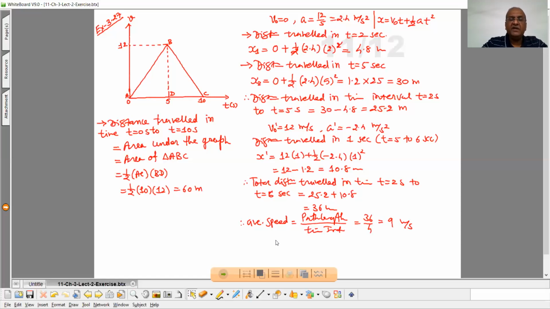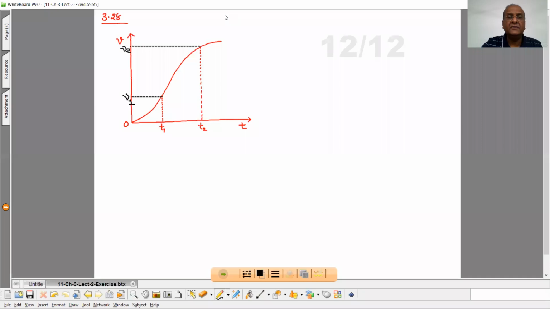So average speed during this motion, that is path length, means total distance traveled upon time interval. So total distance traveled, that is 36 meter. Time interval 2 to 6 seconds, so that is of 4 seconds. So 36 by 4, you will get 9 meter per second, that is the average speed.